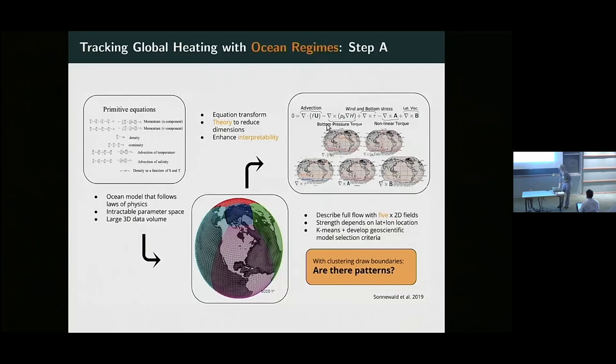The equation here up to the left is the barotropic vorticity equation, and the terms down here are the ones that we worked with. Effectively, we reduced this really complicated set of data down to just 5 two-dimensional fields. Doing this, we're able to, with clustering, unsupervised learning, draw boundaries within this and ask whether or not there are patterns.